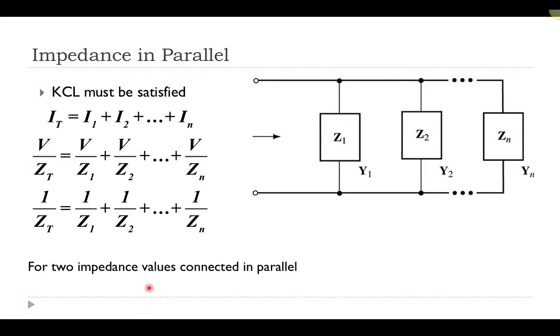If I have just two impedance values connected together in parallel, I can solve for the total equivalent impedance by multiplying those two impedance values together and then dividing by the addition of those two values. And this just comes from the addition of two fractions and putting things over a common denominator.